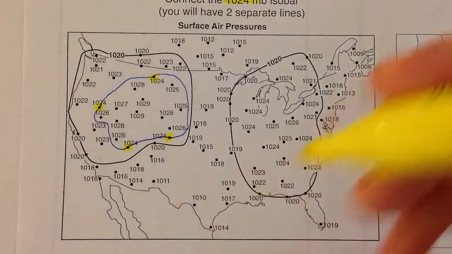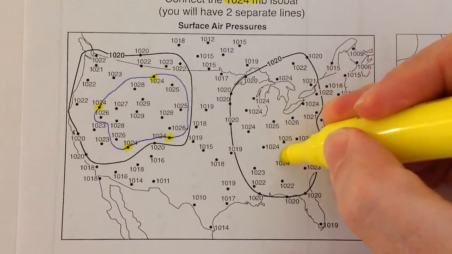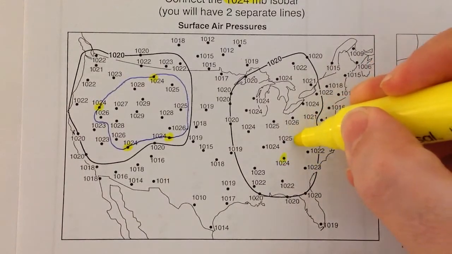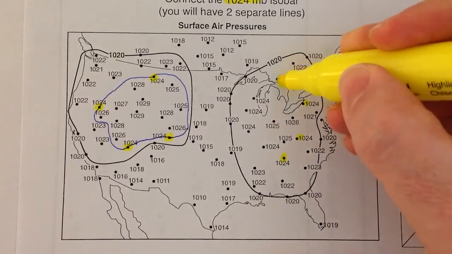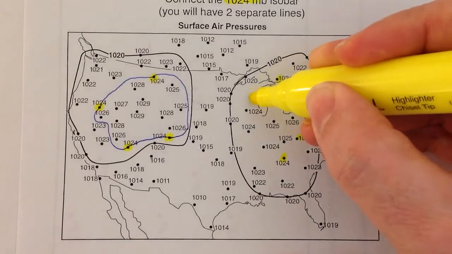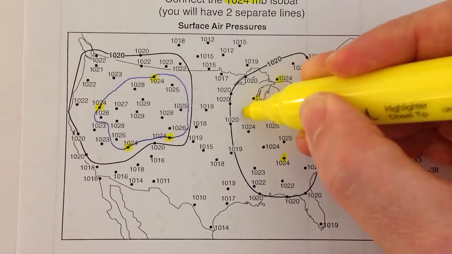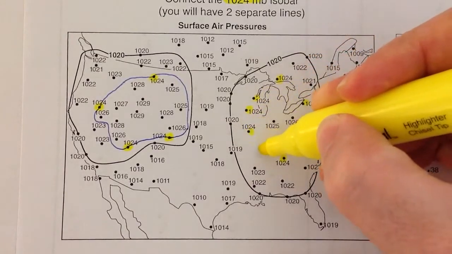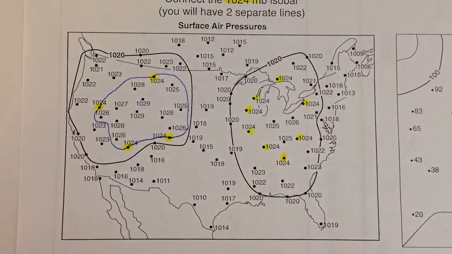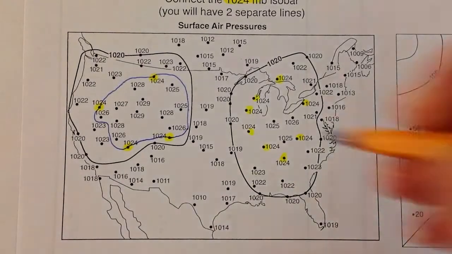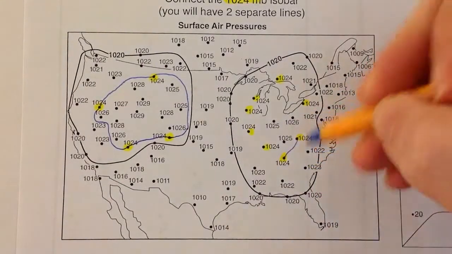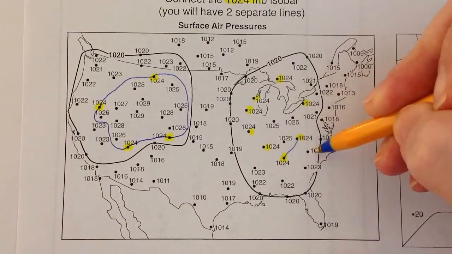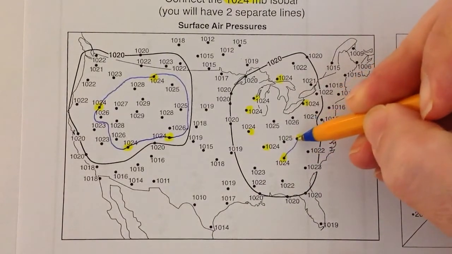We can do the same thing with the 1024 on the right side. Again, the lines can get close, but you don't want them intersecting with any other field line. These are all 1024s. So this one's a little bit easier to draw because there's really not a ton of hidden values, but we can bring these up like so. Make sure that it can fall between the 1022 and 1025.